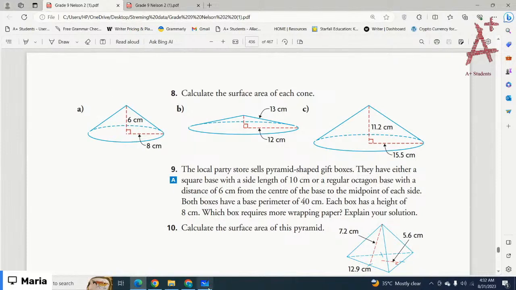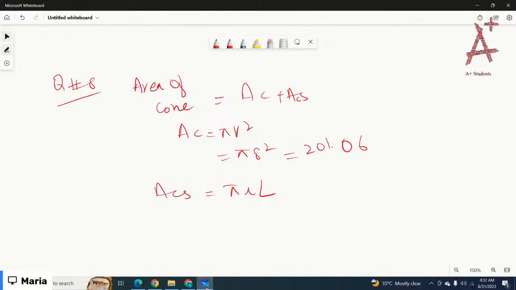It would be c square equals a square plus b square, that is 8 square plus 6 square. 64 plus 36 equals 100, c equals 10, that means the length of the slant height is 10.